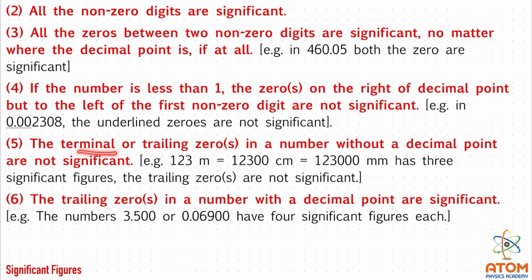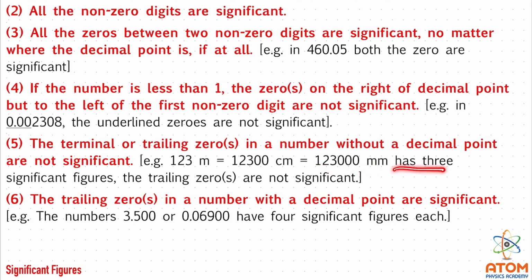The terminal or trailing zeros in a number without a decimal point are not significant. This is also very interesting. For example, if you write 123 meter, this is in meter. Now if you write it in centimeter, then it becomes 12,300 centimeter, and if you write it in millimeter, then it becomes 1,23,000 millimeter.